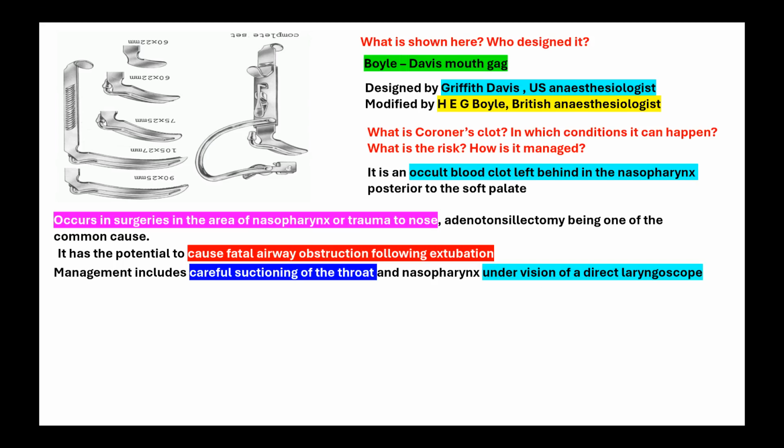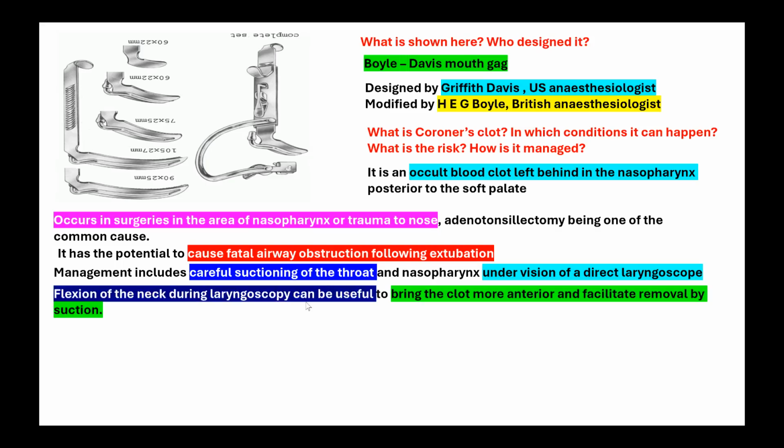It is given the name coroner's because it was identified in post-mortem. After death of patients after tonsillectomy, they found a huge clot sitting near the glottic opening. So coroner is nothing but a person who does the post-mortem. It's a forensic person. So that is how they found out.